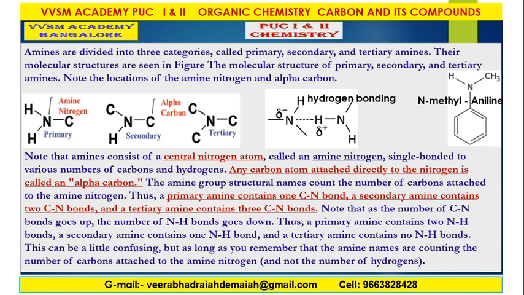Note that as the number of CN bonds goes up, the number of NH bonds goes down. If the CN bonds increase, automatically NH bonds decrease, because all the hydrogen atoms are replaceable. Thus, a primary amine contains two NH bonds, a secondary amine contains only one NH bond, and a tertiary amine contains no NH bonds at all.